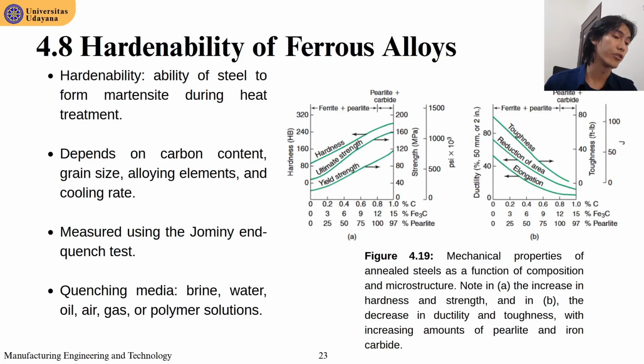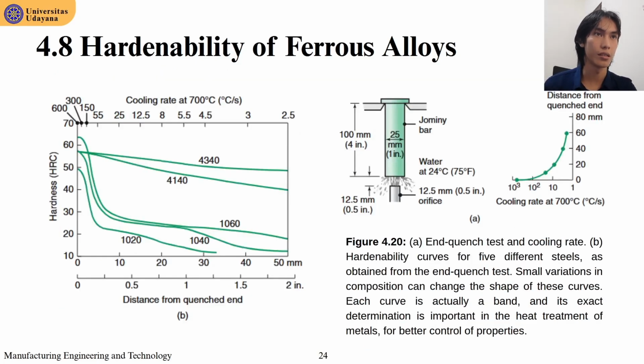You can see on Figure 4.19. Okay, next is hardenability curves. The Jominy test produces hardness versus distance curves. Used to compare steel hardenability. You can see on image 4.20.